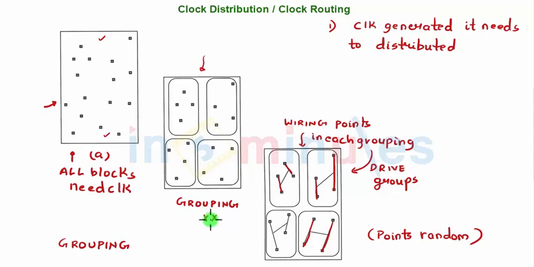What we learned from this was we should not drive individual blocks. We should try to make them into a group and drive the group, but because they are so randomly placed, routing the clock inside the group would also be very challenging because they are not completely in the vertical or horizontal dimension. They are scattered all over.